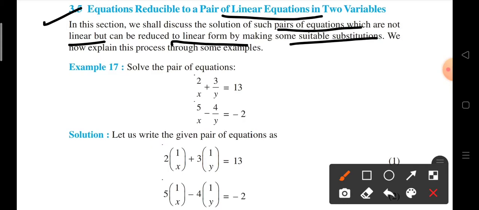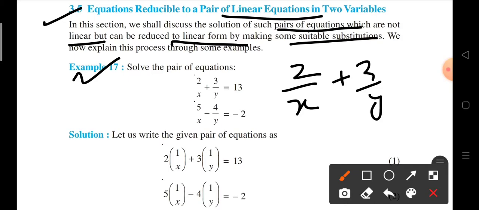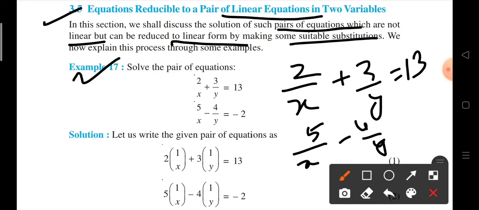So, we now explain this process through some examples. Example number 17 is 2 upon x plus 3 upon y is equal to 13. This is your first equation. The other one is 5 upon x minus 4 upon y is equal to minus 2.